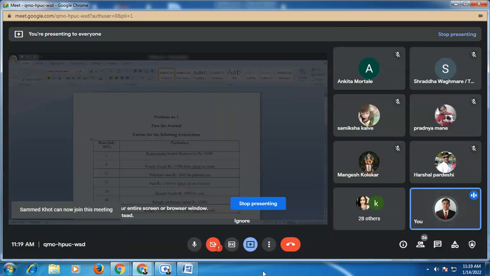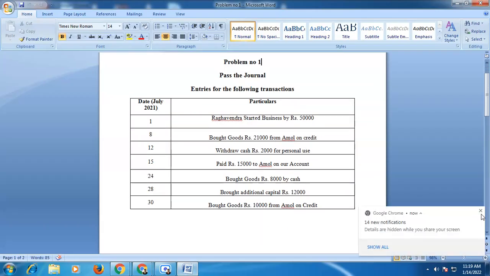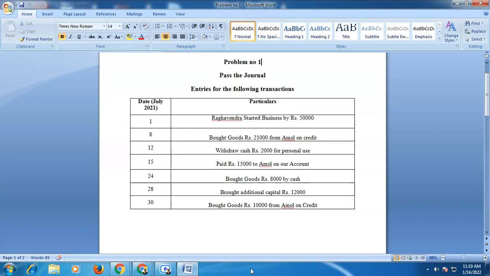Okay, students, now you can see here problem number 1 is given. Pass the journal entries for the following transactions.